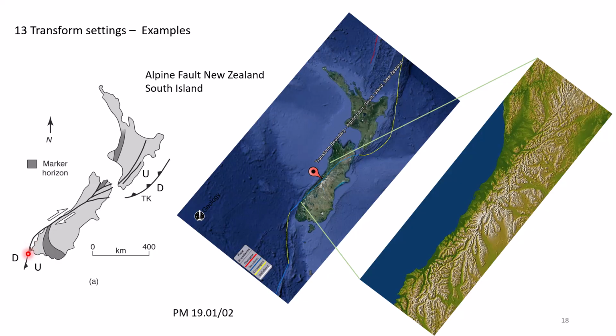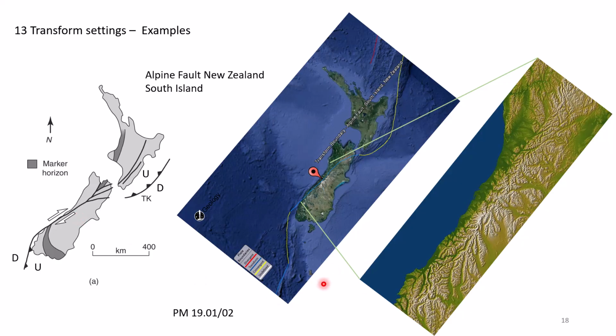In the south, there is another subduction zone that obviously continues further south, where oceanic lithosphere of the Australia plate is subducted underneath the Pacific plate.